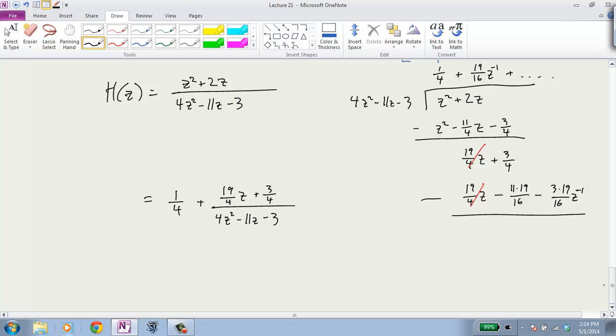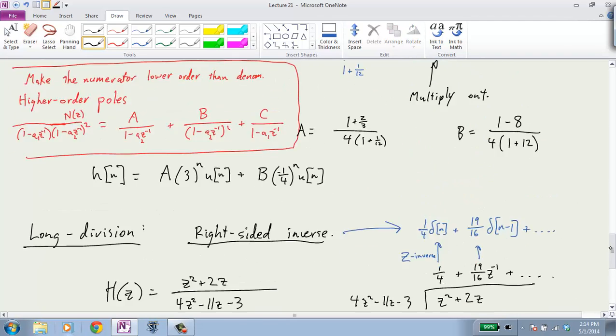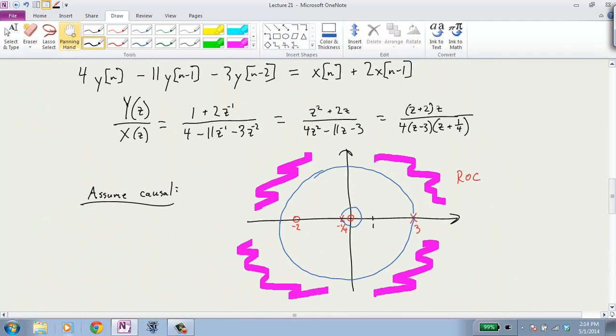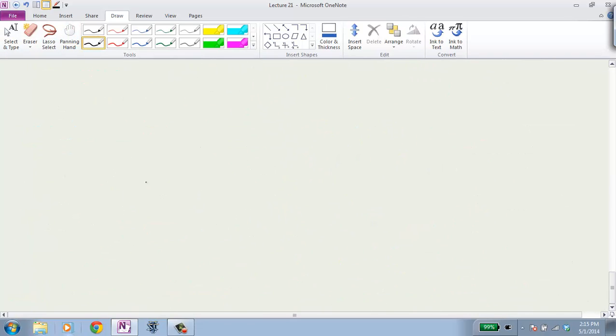Okay. I want to remind you that you can take poles and zeros of a stable system. You can analyze the Fourier transform just from the poles and zeros. So let me remind you, we've talked about this before. But suppose we've found the poles and zeros of a particular system, we found it to be stable.